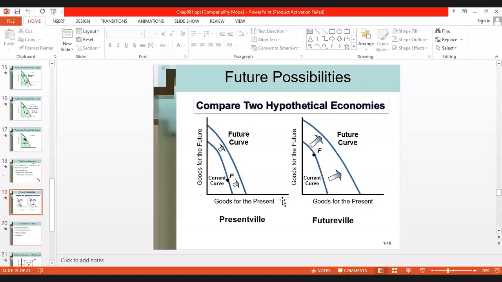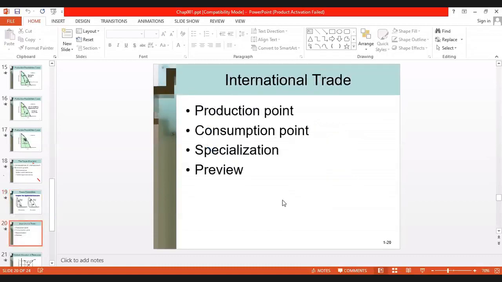So we can consume beyond our production possibility curve, a commodity combination that we could not attain ourselves.